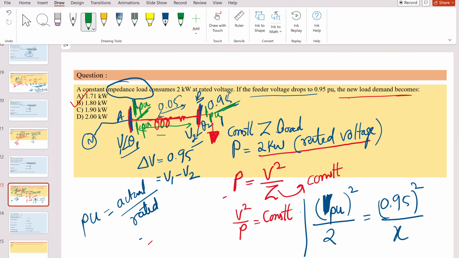So if you have a constant impedance load, we use this formula and then find the power being consumed, which is 1.8.